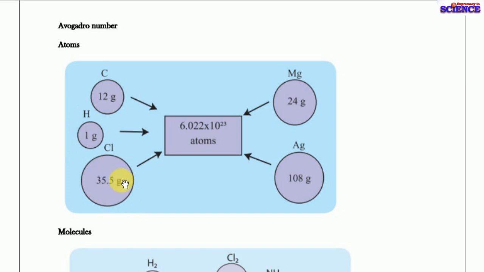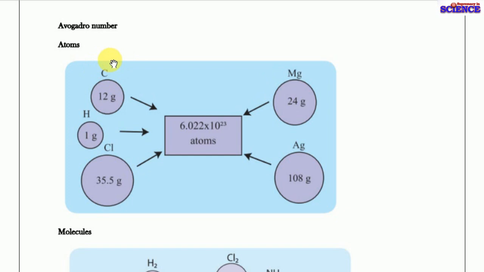This mass number is the relative atomic mass of that sample. If you measure 12 grams on a laboratory weighing balance, in that 12 grams, Avogadro says there are 6.022 × 10^23 atoms of carbon.